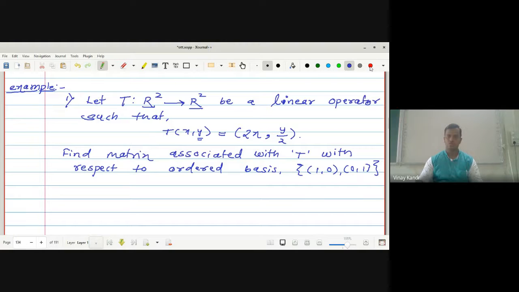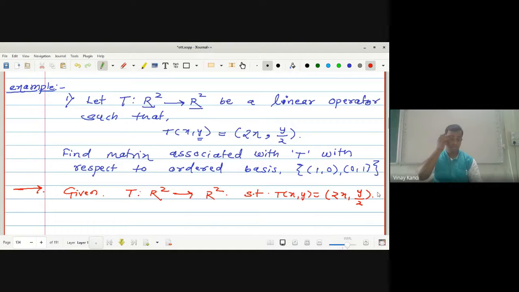Okay, solution. What is given to us? T is the mapping from R2 to R2, such that T of xy is equal to 2x and y upon 2, for all xy belongs to R2.